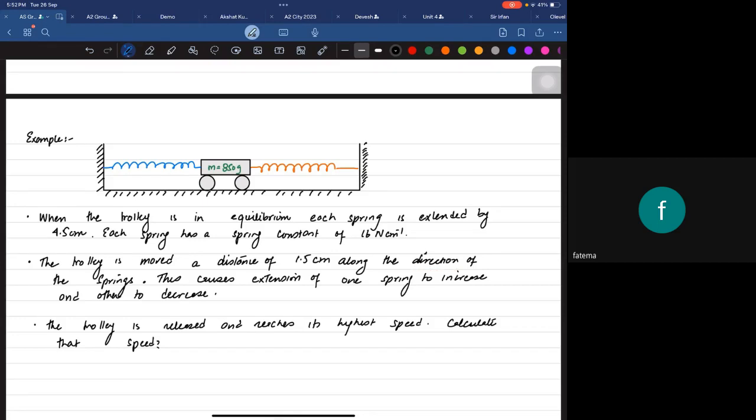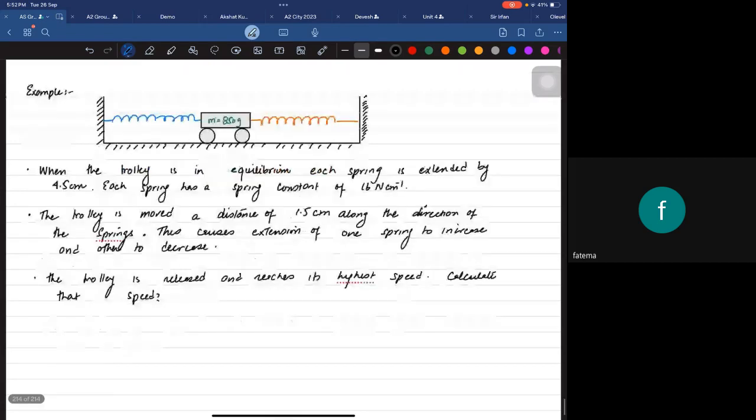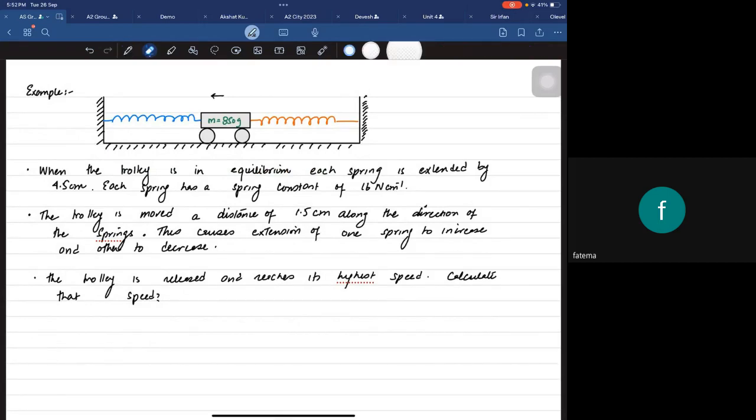Let's understand that by a couple of things. What they're basically saying is that if the trolley was moved in this direction, it doesn't really matter where it moves. Initially, the extension in both the springs is 4.5 centimeter. This is the extension, not the length, by the way.